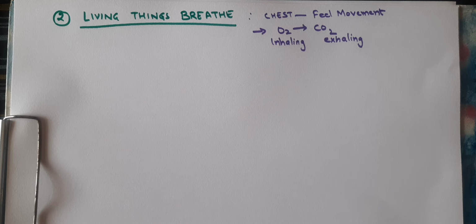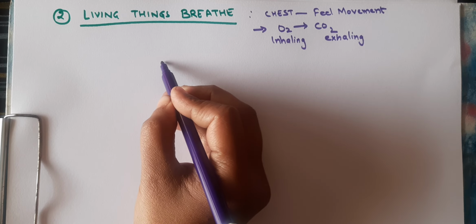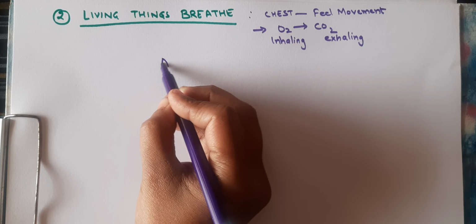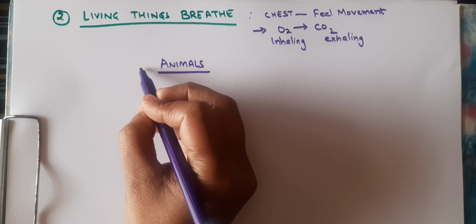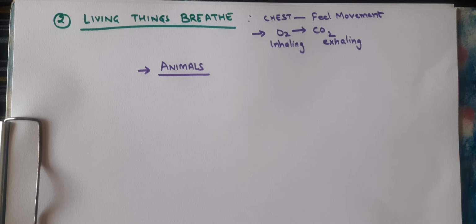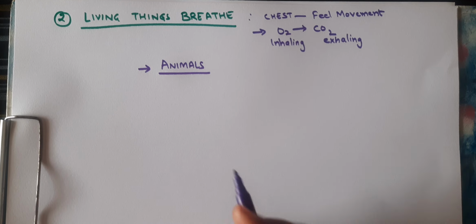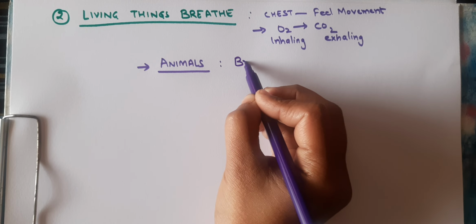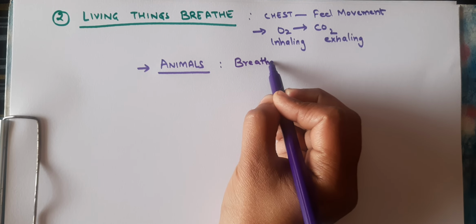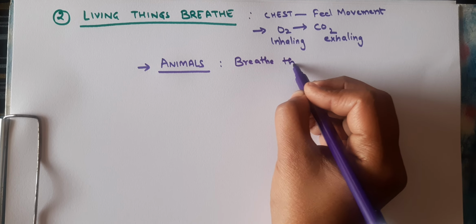So there are different ways by which we breathe, okay? So animals, the human also comes under animals, okay? We are social animals. So we breathe through our lungs, okay?